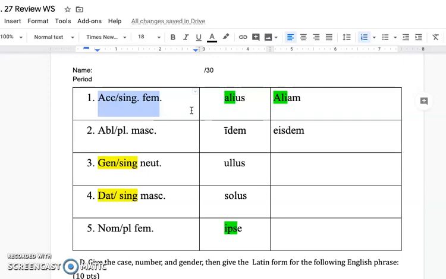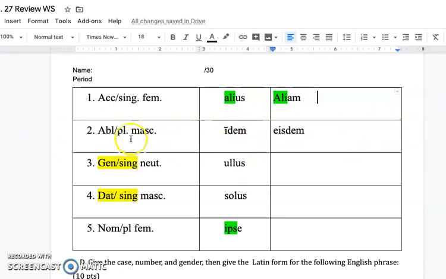So this form requested is feminine, and I'm going to look at my first declension endings for feminine adjectives in first and second declension. So if I go through my singulars, I've got a, ae, ae, am, and a with a macron. Okay. Here the accusative ending would be am, so I add that ending, and then I've completed the question.